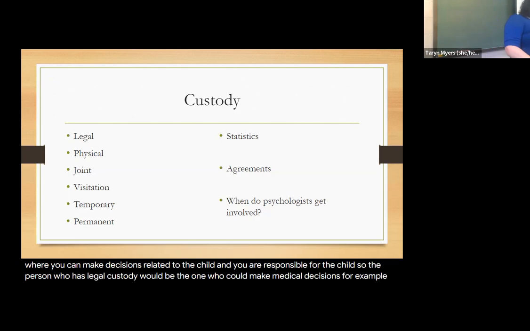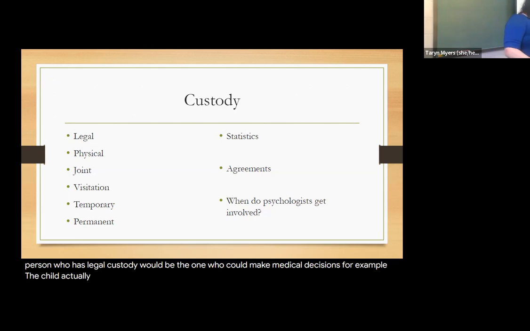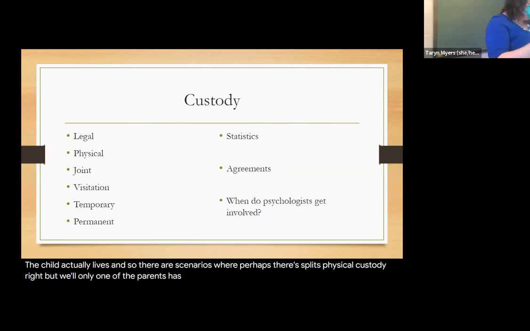Physical custody is where the child actually lives. And so there are scenarios where perhaps there's split physical custody, right? But only one of the parents has the legal custody. Joint custody is where each parent has an equal authority to make decisions about the child.